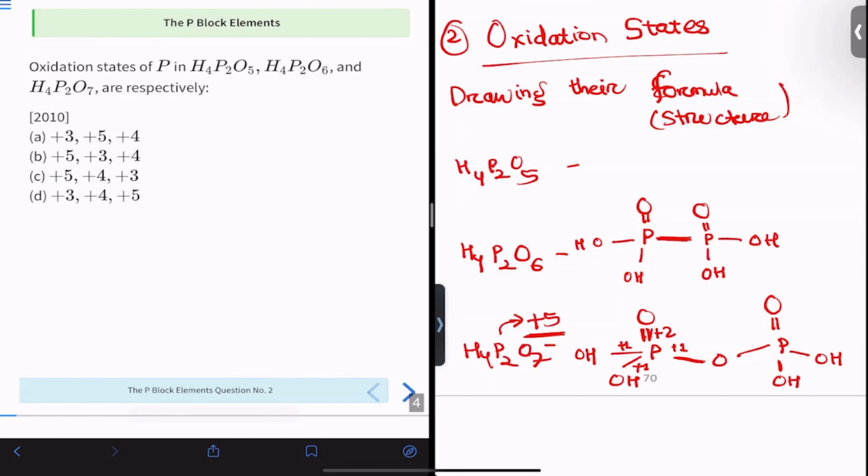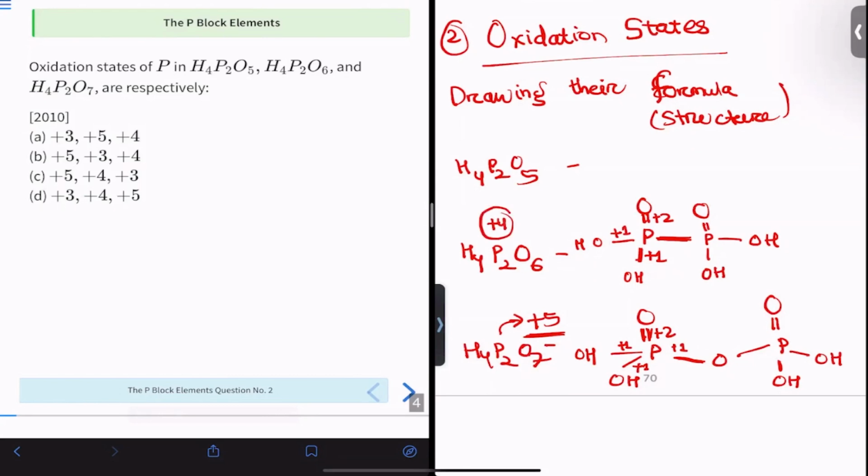This bond will not give any oxidation state to the phosphorus, but this single bond with oxygen gives +1, and one more single bond with oxygen gives +1, so two single bonds give +2. So the total oxidation state of phosphorus here is +4.